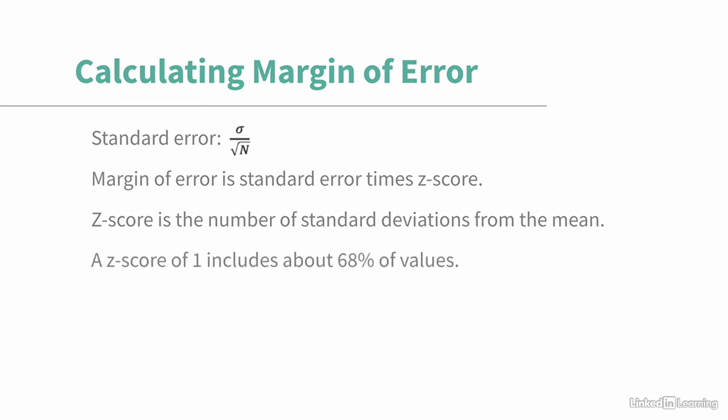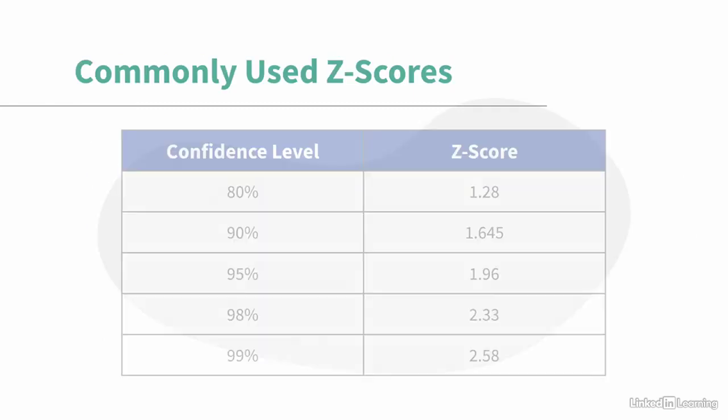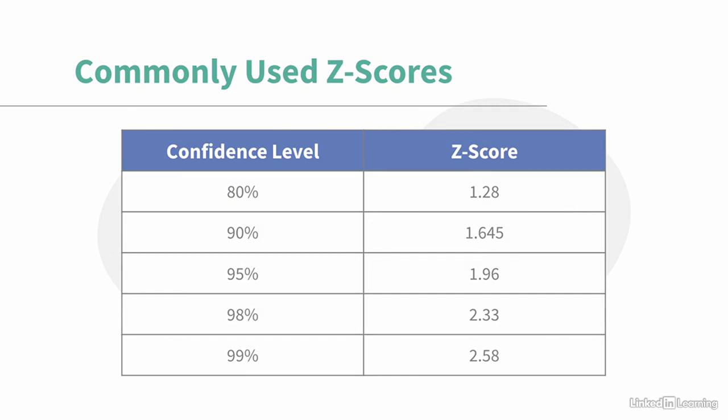A z-score of 1 includes about 68% of values, but being 68% certain about something is not reliable. I recommend going for higher values. And I have those listed in a chart on this slide. Here we have some of the commonly used z-scores, and you can see the confidence level and the z-score that is associated with them.